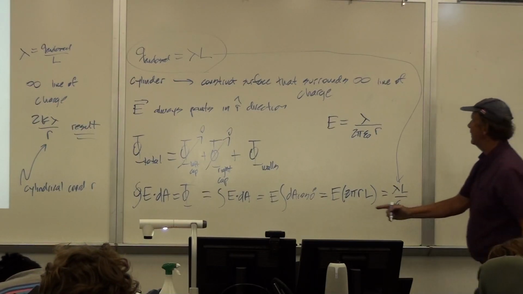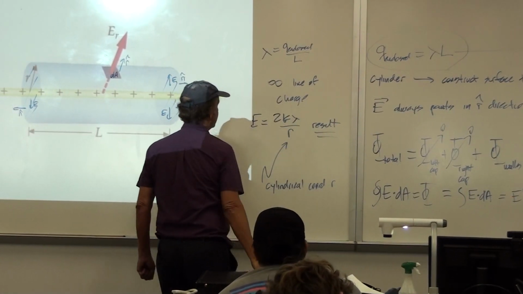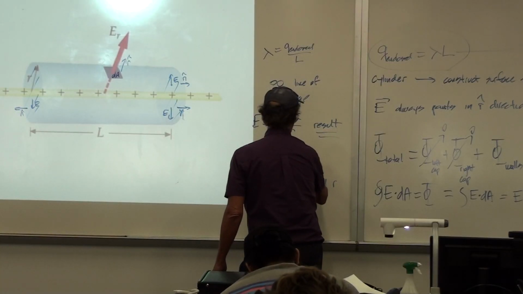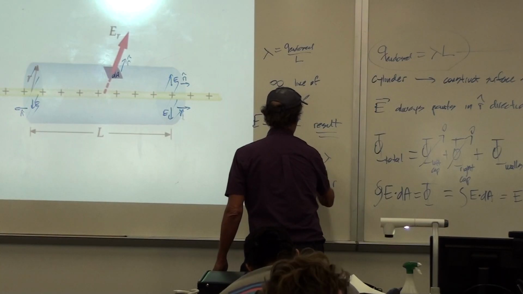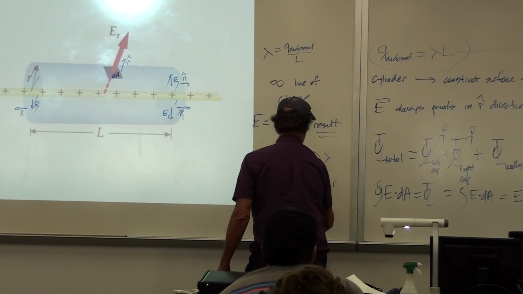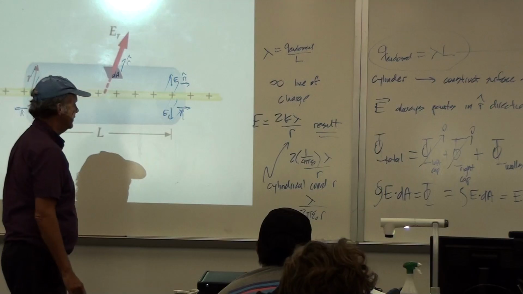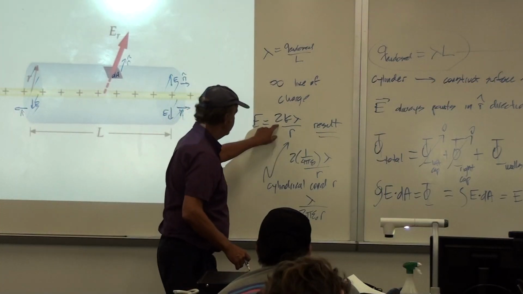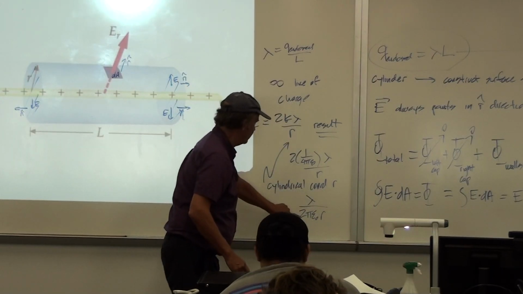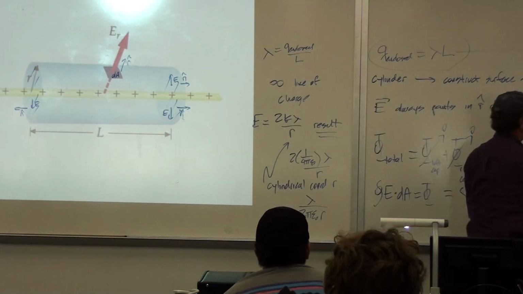Okay, well, let's see if that reduces to this. 2k lambda over r. But remember, k is 1 over 4 pi epsilon naught. So the 2 and the 4 cancel, and that's just lambda over 2 pi epsilon naught r. 2 times k lambda over r, but k is 1 over 4 pi epsilon naught, so it's lambda over 2 pi epsilon naught r.